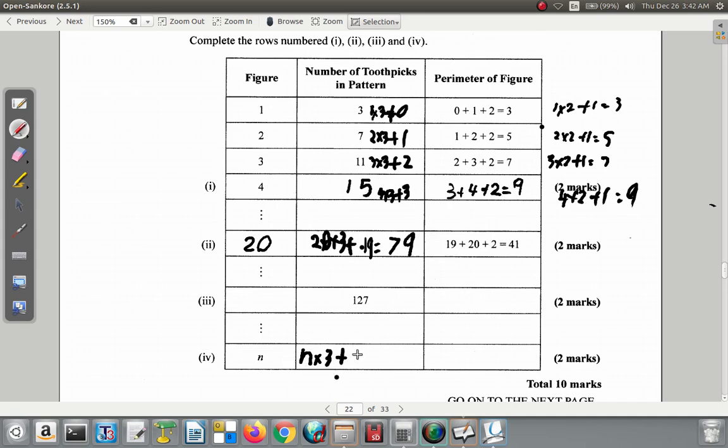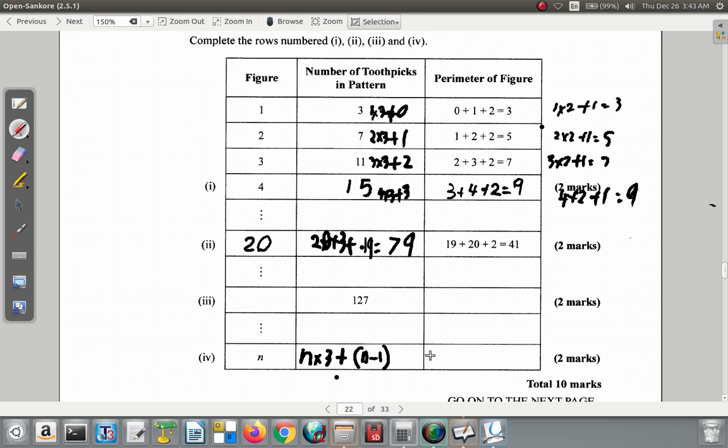So the number that we multiply by is going to be the figure, plus the figure minus 1, so it is n minus 1 in brackets. So it is the figure number by 3 plus the figure number minus 1. Alright, see that?